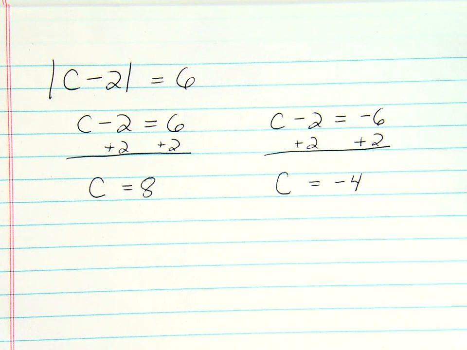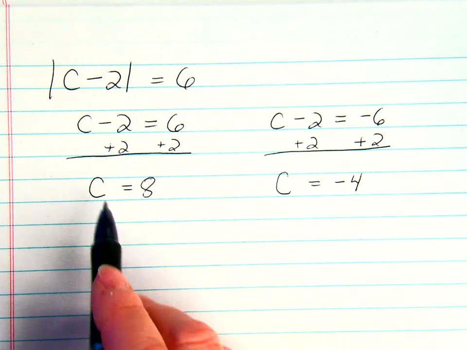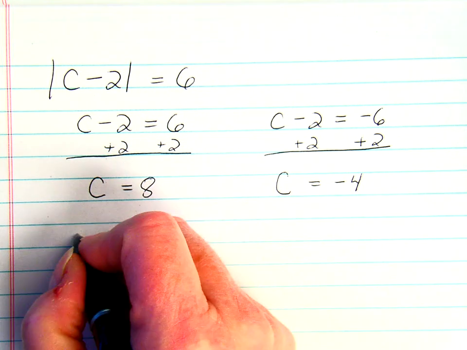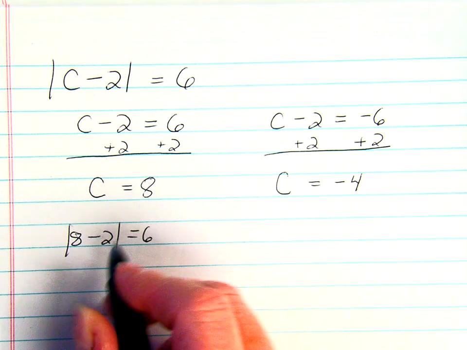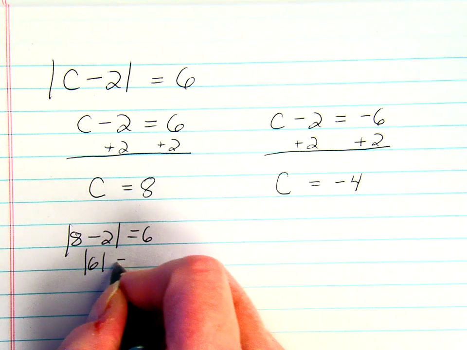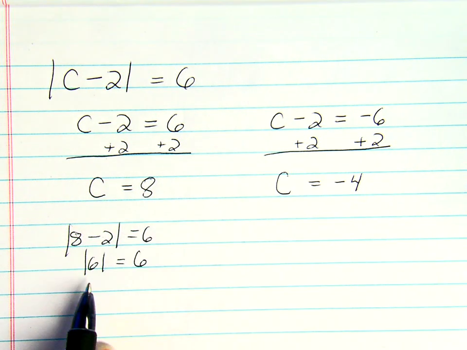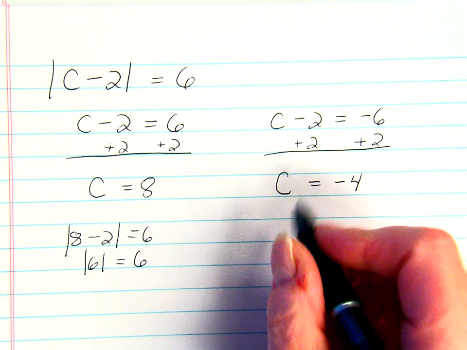Now what I'm going to do is I'm going to check both answers to make sure that these work. So first, my 8 minus 2 equals 6, and this comes out to the absolute value of 6 is equal to 6. This is correct.